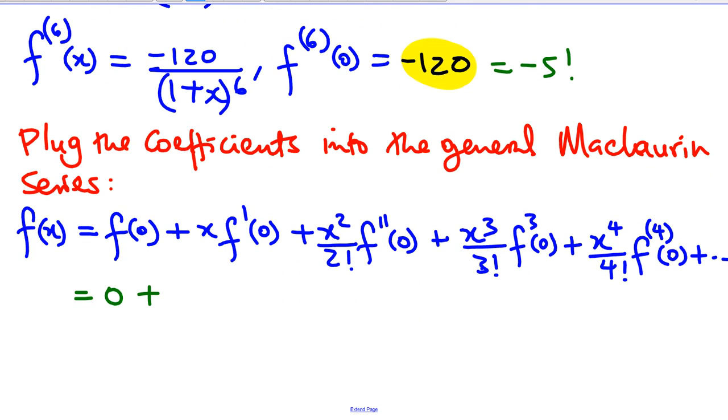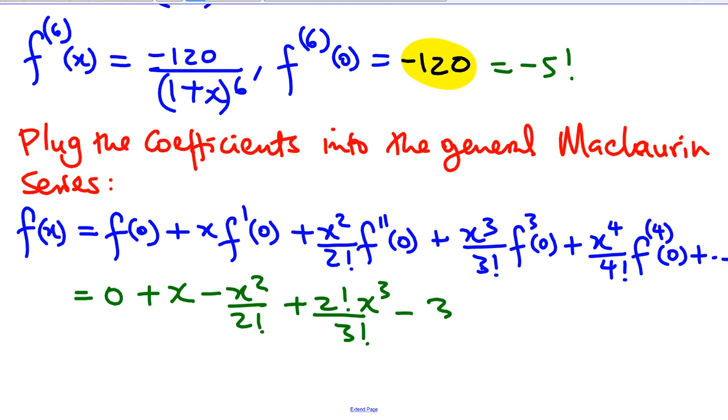So 0 plus x minus x squared over 2 factorial plus 2 factorial x cubed over 3 factorial, minus 3 factorial x to the power 4 over 4 factorial, plus whatever comes next.